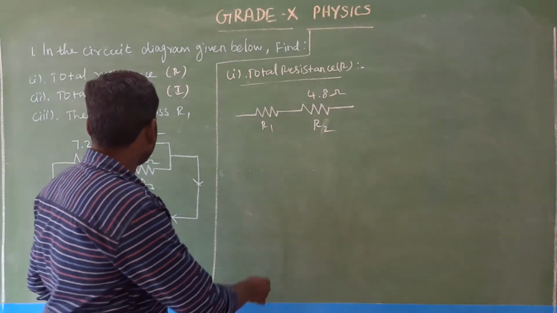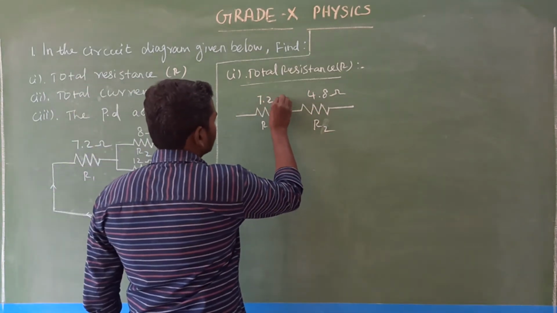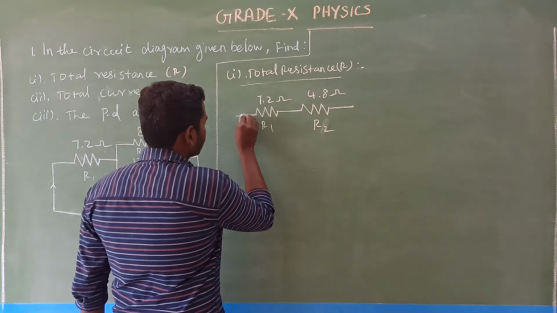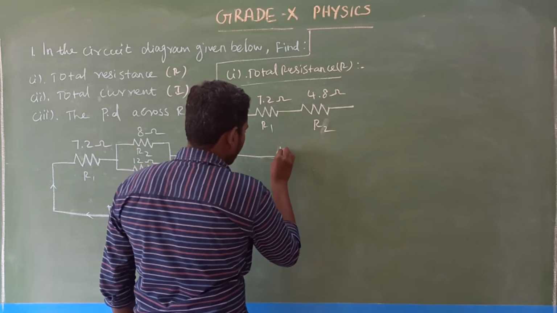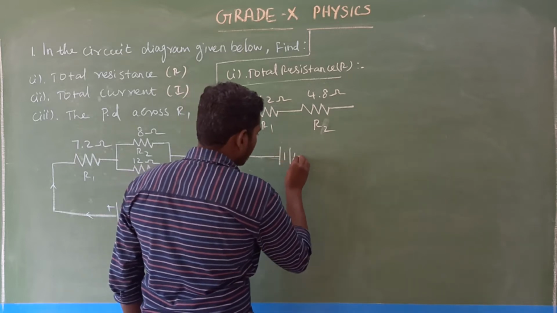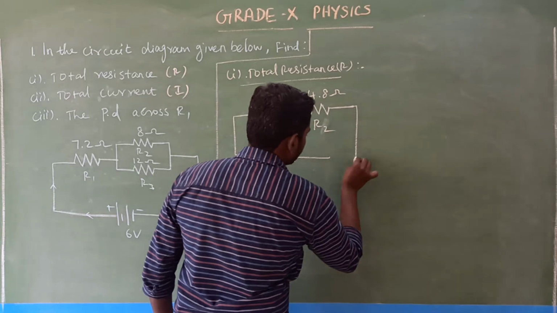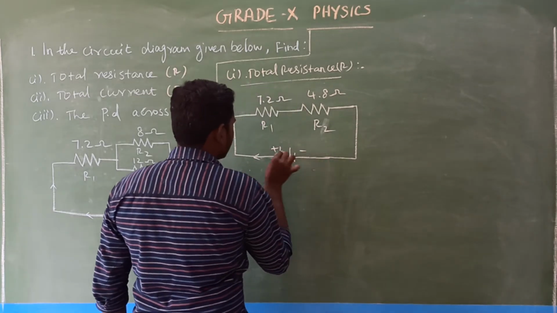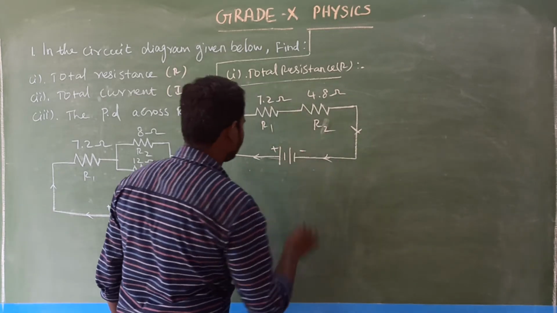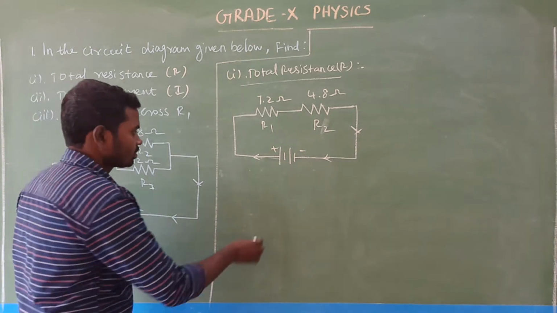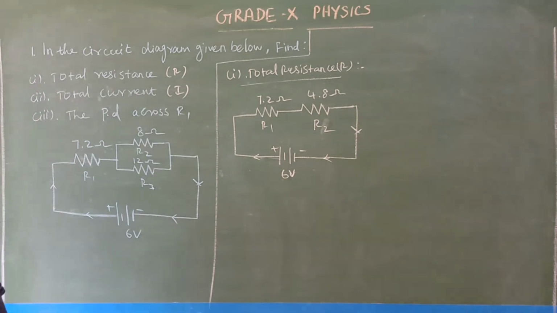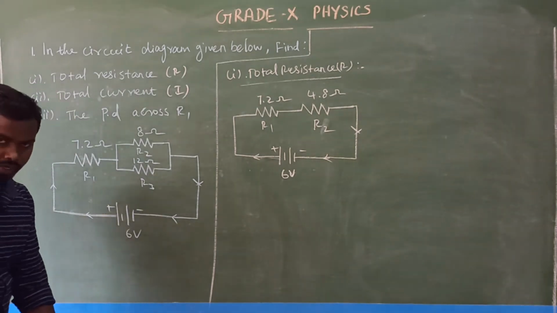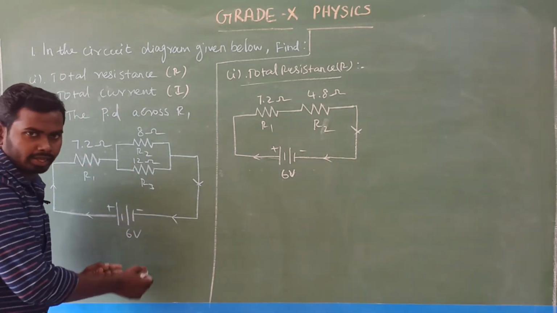Then the R1 value is 7.2 ohm. Connect these two resistors in combination across the two terminals of the battery, plus and minus. That's all we have modified. This is the battery voltage, 6 volt. This is the main circuit diagram.